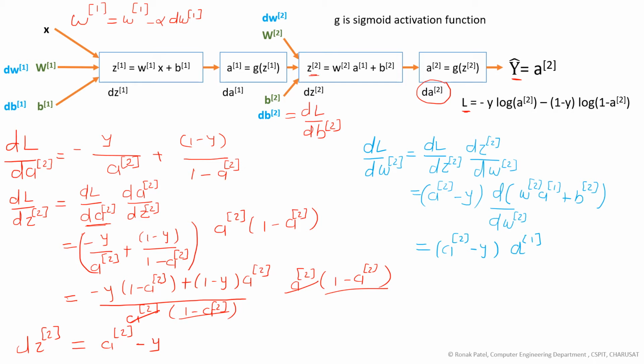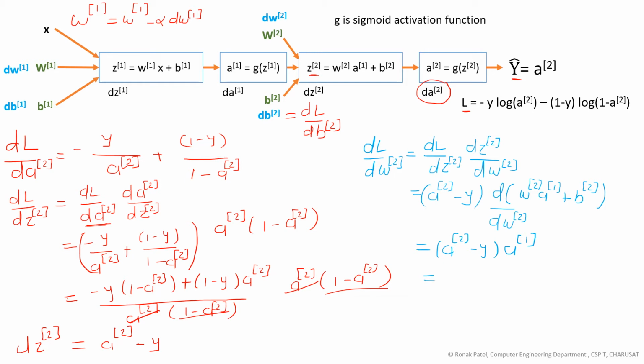So we can directly write it like this. This is a1. Let me write it properly. So this is a2 minus y into a1. What is this a2 minus y?